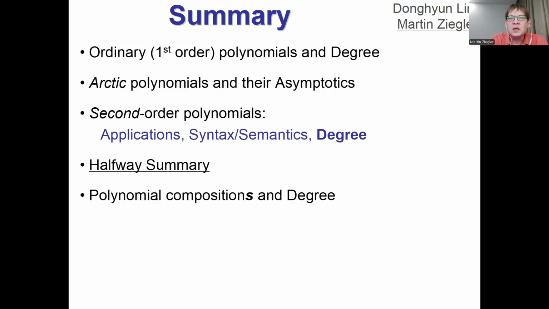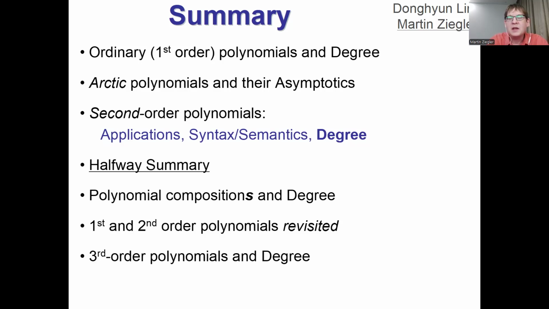Then we recalled polynomial compositions, two types of compositions for second-order polynomials, and how they translate under our newly defined degree, which allowed us to reconsider first and second-order polynomials in a way that makes composition first-class operators, not defined by structural induction, but axiomatically.